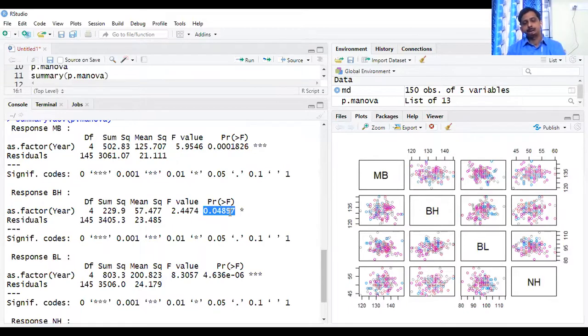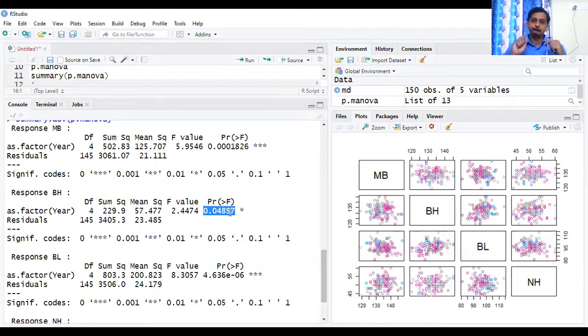We should not accept the null hypothesis that average height across the years is almost similar, because numerically, when we quantify it, it is less than 0.05. But we can still verify this when we take the support of pairwise comparison: automatically that 0.05 will get divided by 5.